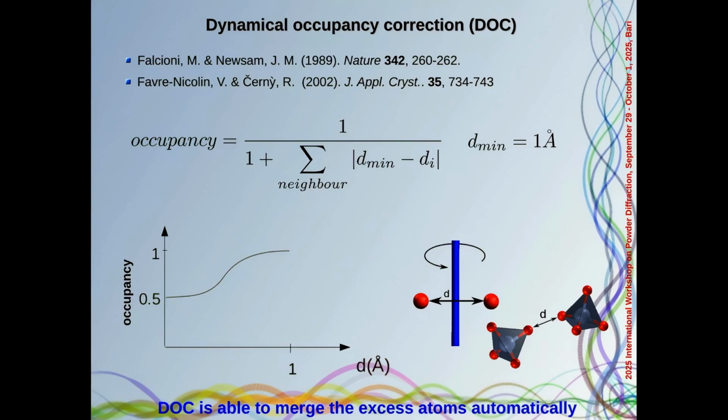The occupancy factor, first of all, is a part of the calculation of the structure factor, and you have to modify it using this formula. In this formula, you can see a sum: for each atom, you have to consider this difference for all the neighboring atoms around it.